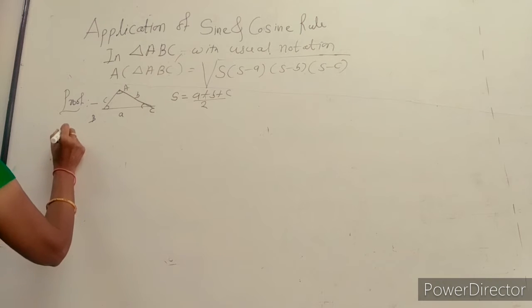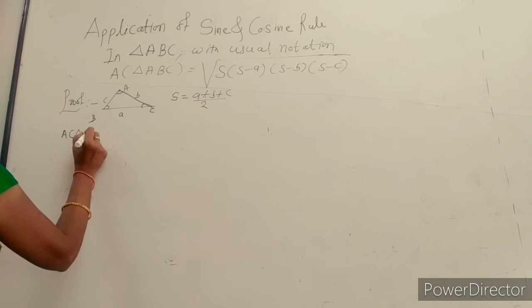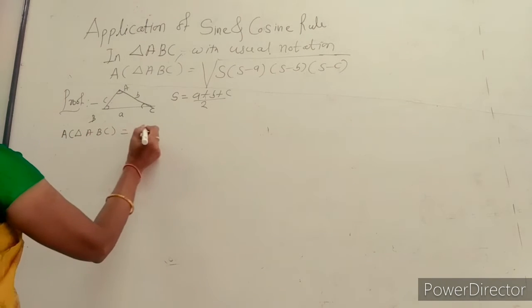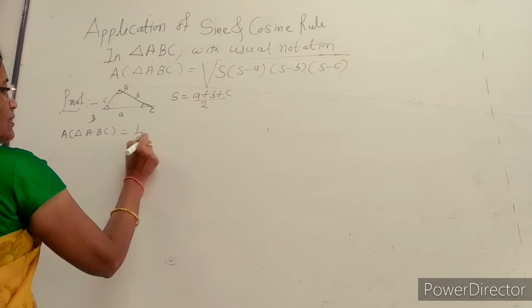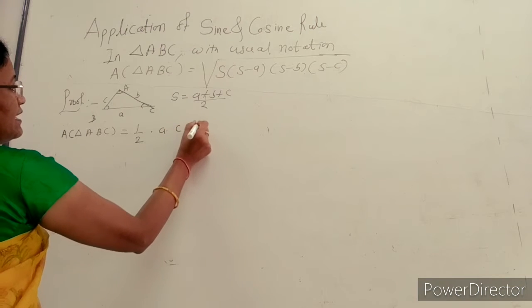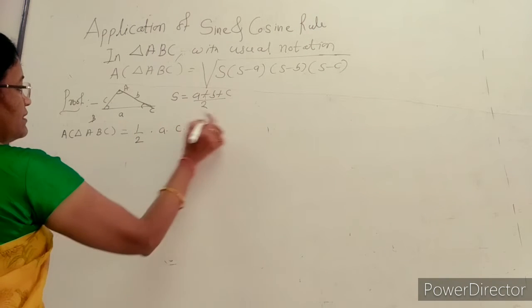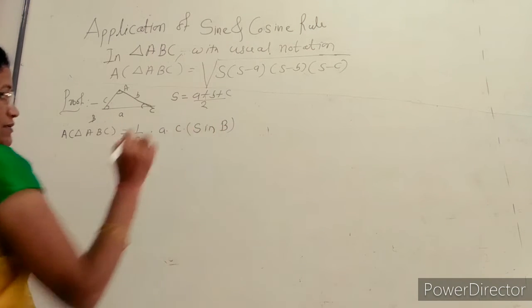But as we know, the area of this triangle ABC, by taking any two sides, suppose we take here sides a and c, and the sine of the angle between them.